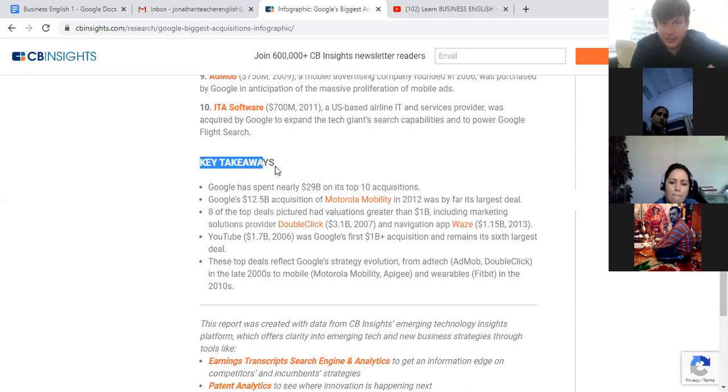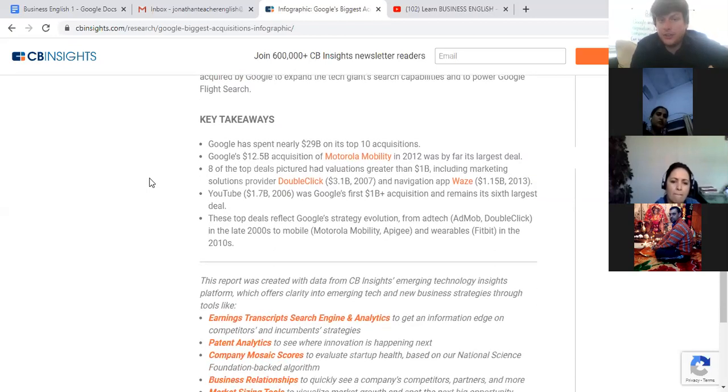Key takeaways. Google has spent nearly $29 billion on its top 10 acquisitions. Google's $12.5 billion acquisition of Motorola in 2012 was by far its largest deal. 8 of the top deals pictured had valuations greater than $1 billion, including marketing solutions provider DoubleClick and navigation app Waze.